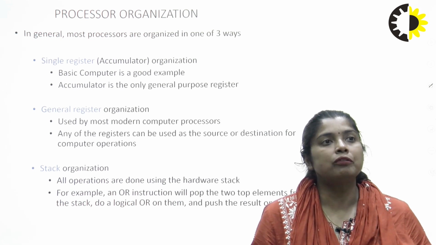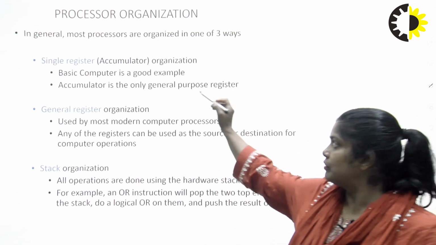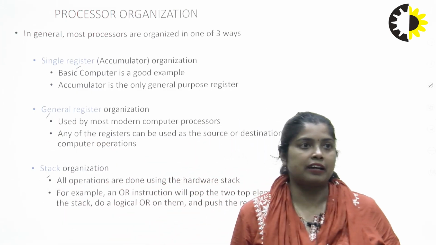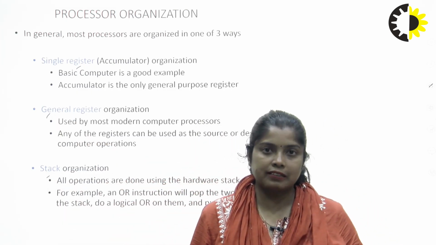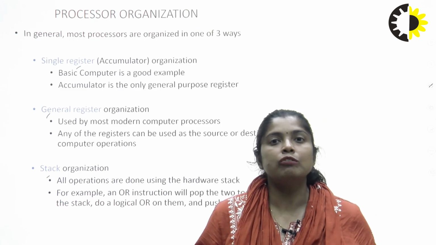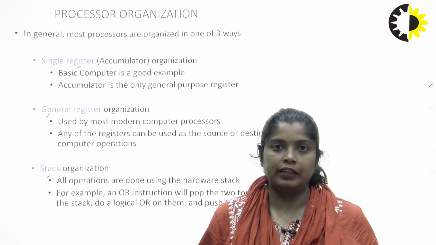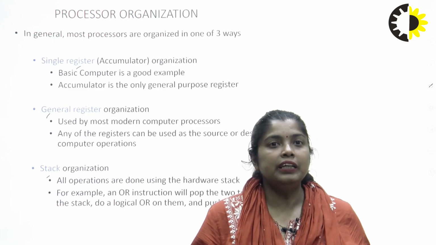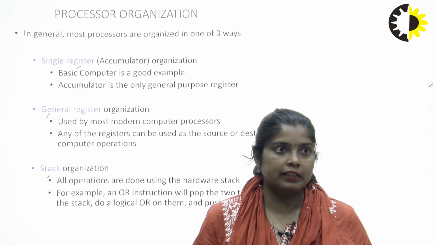The processor organization is of three types: single register, general register and stack register. The single register organization is also called an accumulator organization, which has only the general purpose register.